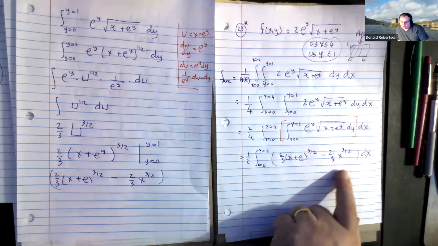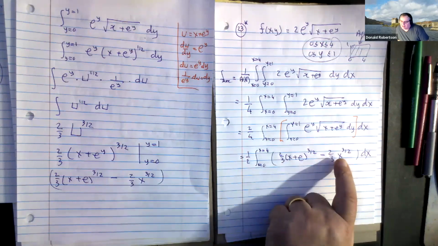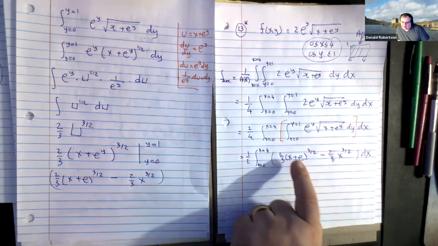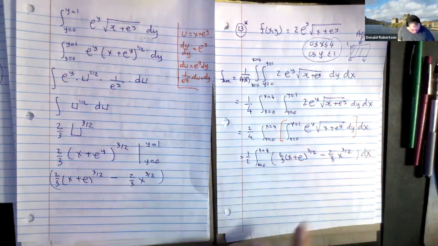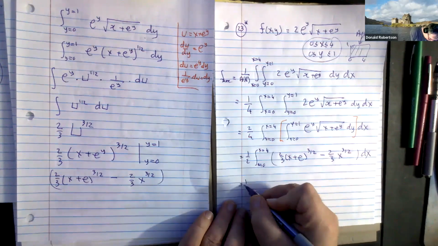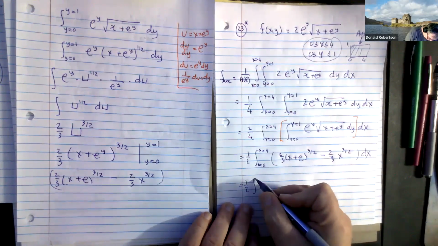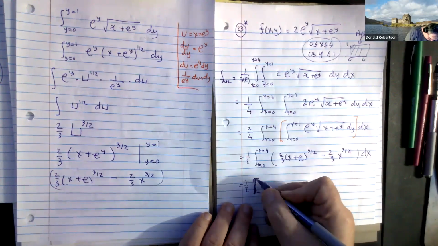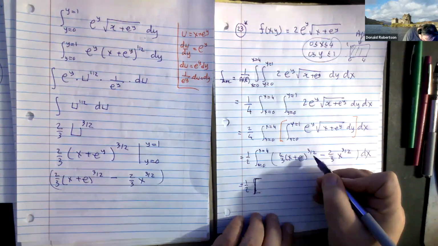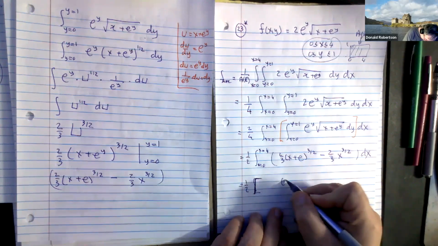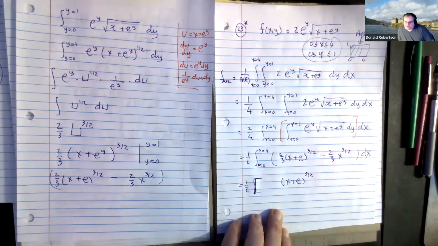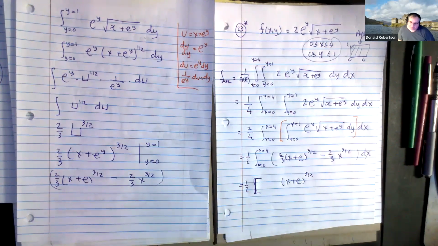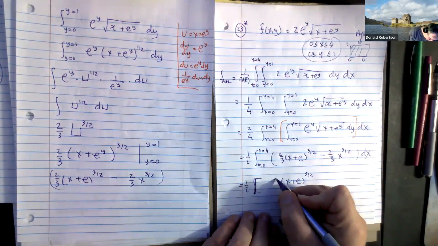I'm now going to integrate this with respect to x. That guy there looks really bad, but he's actually not. So here goes. Add 1 to the power. Divide by the new power, which means multiply by 2/5, and so you get 4/15 here.